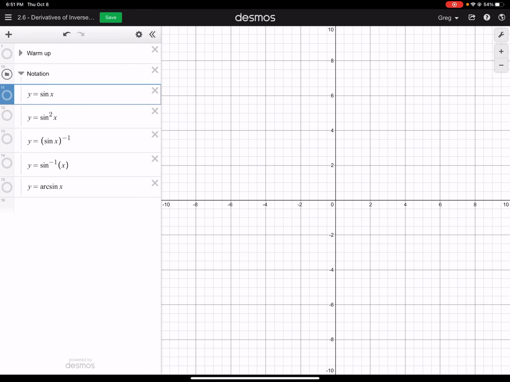So right here, this is just the sine of x, right? That's where we're starting. Now we've developed this notation that whenever we're using powers of trig functions, we put them right after the n in sine. So like here in red, you can see sine squared is coming in. Now that notation works for everything. Sine cubed, sine to the 4th, sine to the 5th, sine to the 6th.